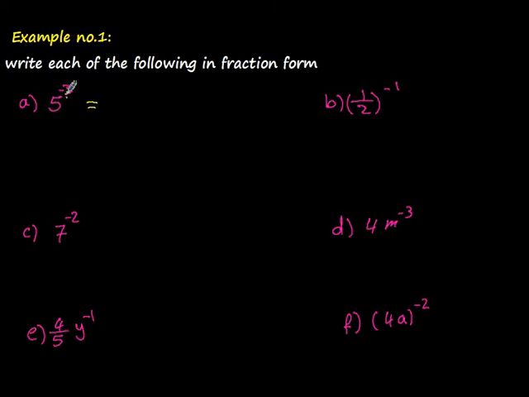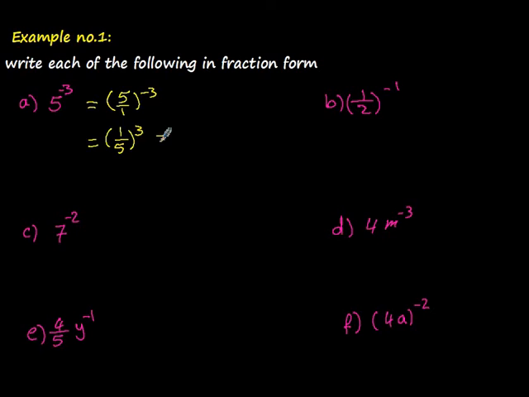The best way to think about this problem is to rewrite the number 5, the base, to be a fraction. It will be 5 over 1 raised to the power of -3. After that, in order to get rid of the negative power, you need to flip the fraction. You flip the fraction and then write the fraction to the new positive power.